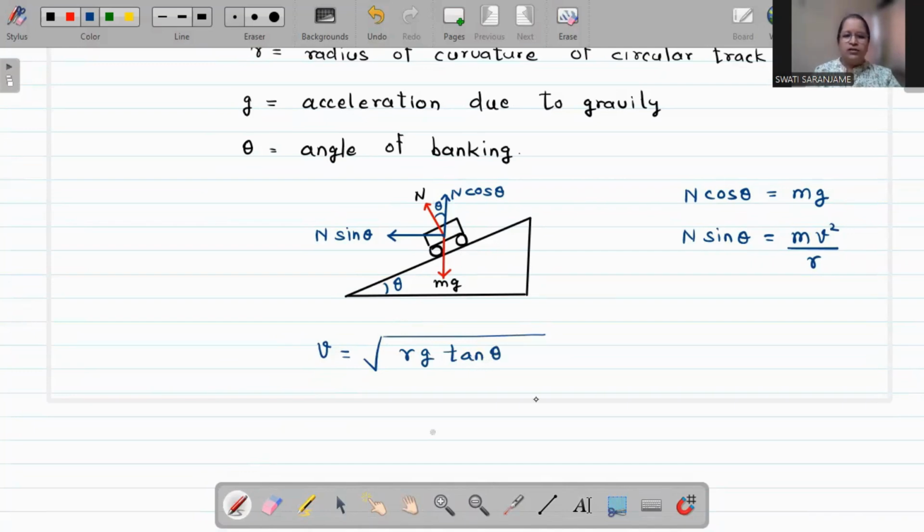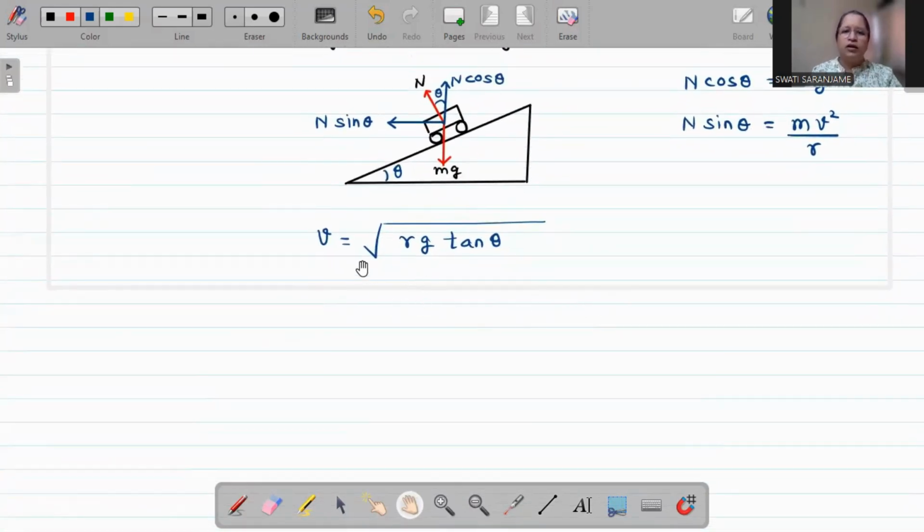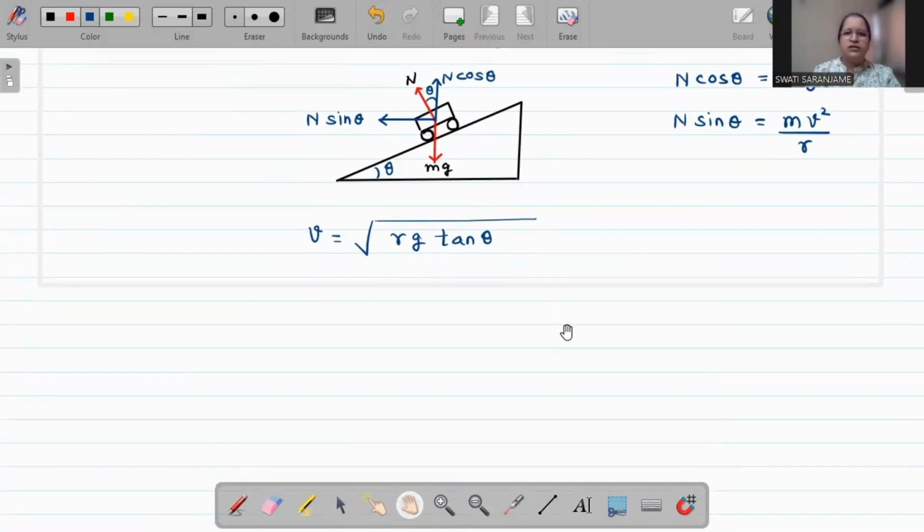Now, it is not always possible to drive a vehicle with this speed, so that n sine theta always provides mv square by r, the centripetal force, and the weight gets balanced by the n cos theta component of the normal reaction. In practice, sometimes the vehicle may be driven with a higher speed than this or a lower speed than this.